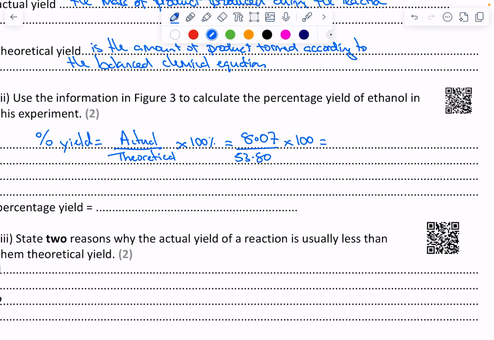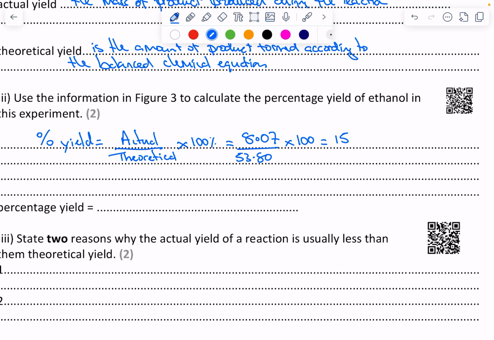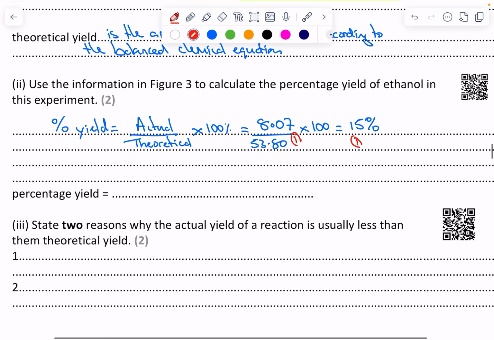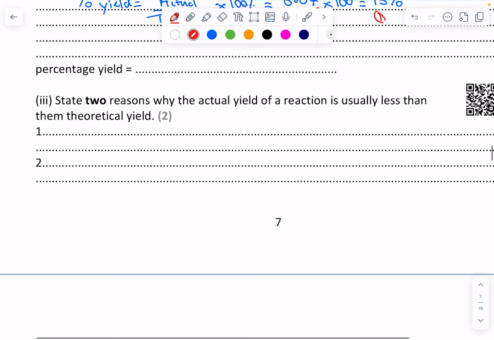When you do that, you get an answer of 15%. Marks wise, you get a mark for getting these two numbers in the right order, and then a mark for your final answer.